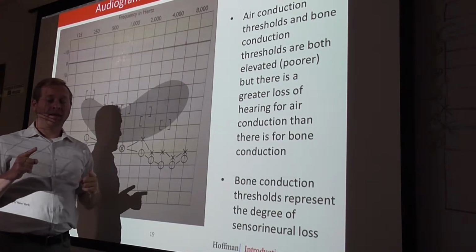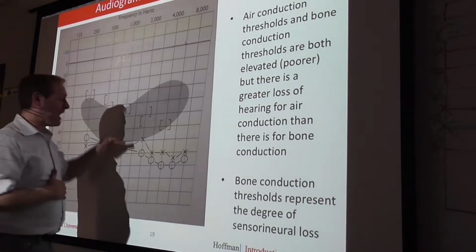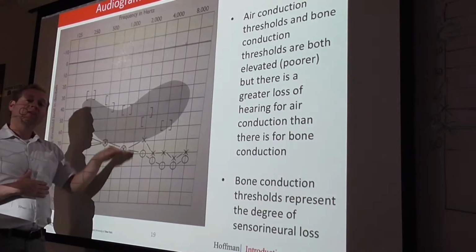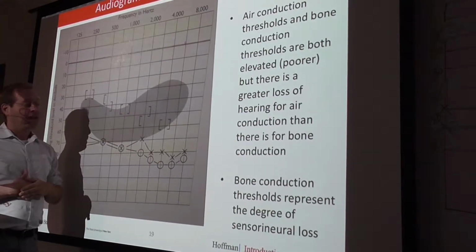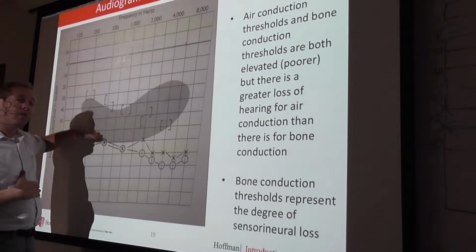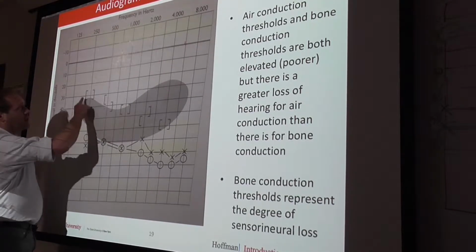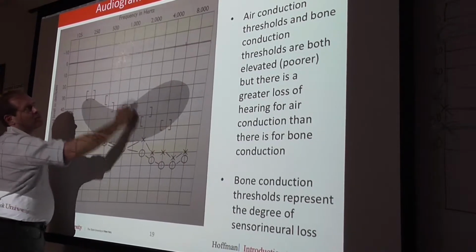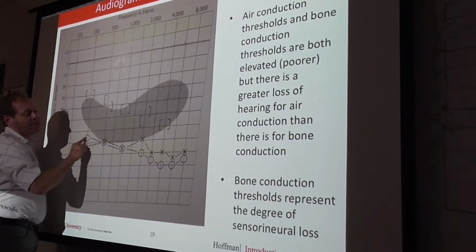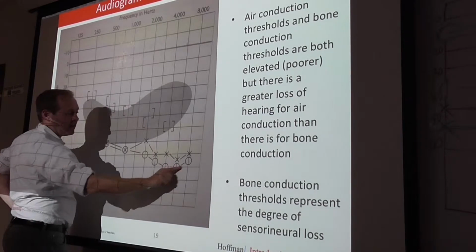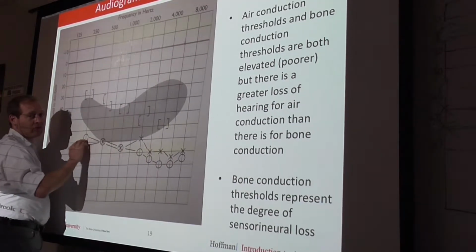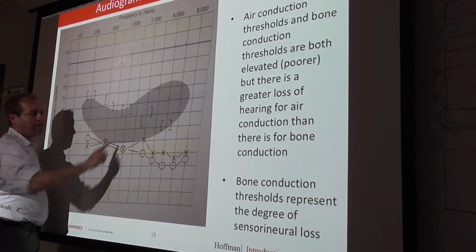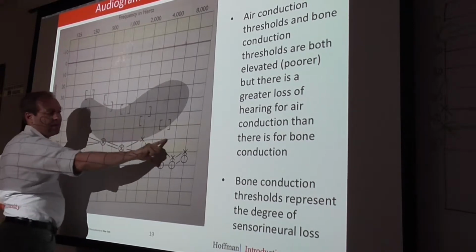However, the air conduction is worse than the bone conduction, and so there is an air bone gap. Okay? Here we see our bone conduction line. Your bracket's up here. It's in the disordered range. And then we see our air conduction line is below that. The threshold is not as low. Okay, so there is an air bone gap.